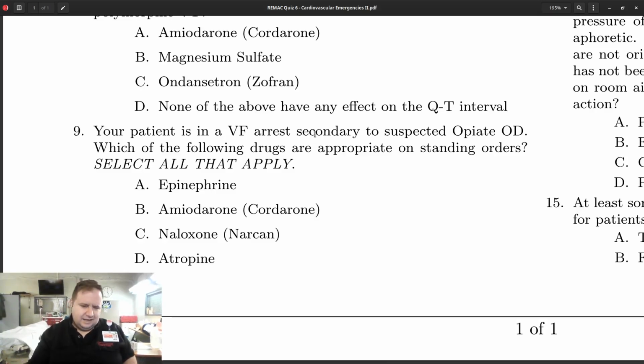The reason it's not indicated is because there's evidence of harm, and there's not evidence that it helps. Remember, when patients go into cardiac arrest due to an opiate overdose, it's a hypoxic arrest. They've not been poisoned by the opiates. There's nothing about the opiates that's keeping them in arrest. It's the fact that they didn't breathe and they became hypoxic. That's what killed them.